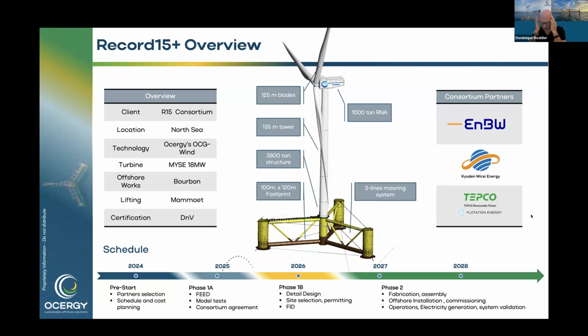What's the prediction for the capacity factor? It depends on the site you're in. Average wind speed and capacity factor are very linked together, but not exactly. In Norway, the capacity factor is about 60%. In Portugal, we were topping 40%, just less wind.